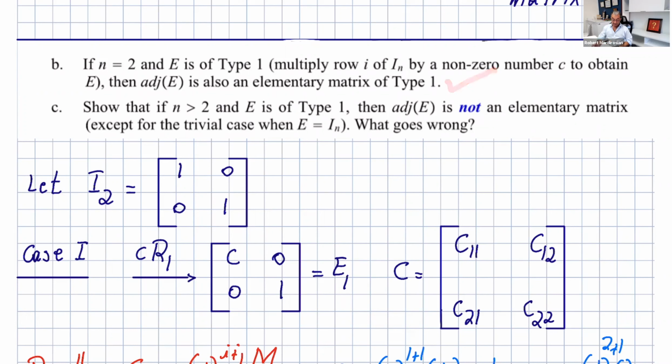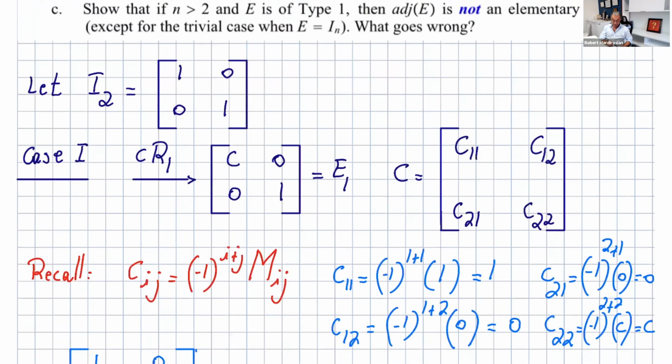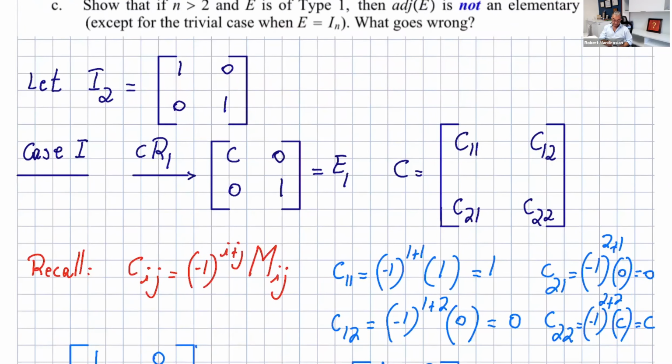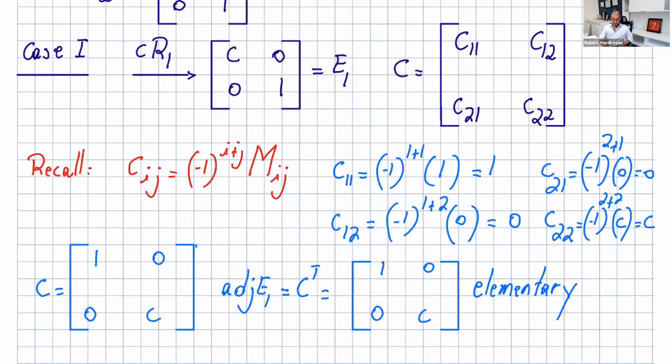Kind of saw that. But the general form, what you can say, if you say I2 is that, and I say I2, that means that's 2 by 2. So if you do cR1, we get this matrix. And if you find the matrix of the cofactors for this matrix, you can use these formulas. Again, C11 is -1 to the power of 1 plus 1 times 1. I'm sure you already know that.